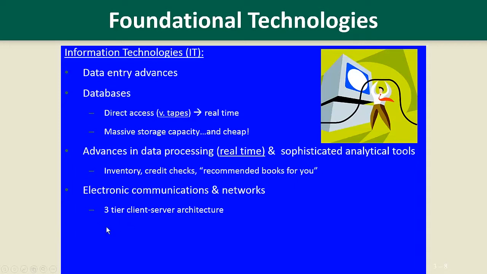Next level is the application software. And then below that, the third level of software is database software. And our client-server setup is you as the client, you at your computer station, wherever that is, connecting to Amazon through a server.